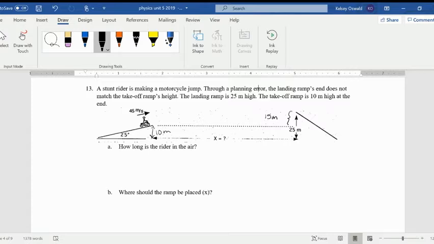So our goal is to find how long the rider is in the air. So we just saw that in the y direction, we know our delta y has to be 15 meters. We're ending 15 meters higher than where we started. Vertically, we also know that acceleration is negative 9.8. And we're also given this information that we're traveling at 45 meters per second at an angle of 25 degrees.